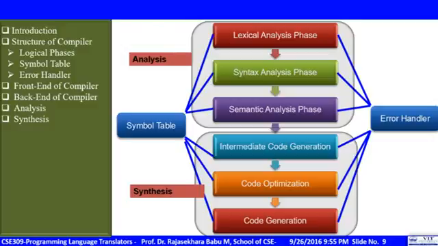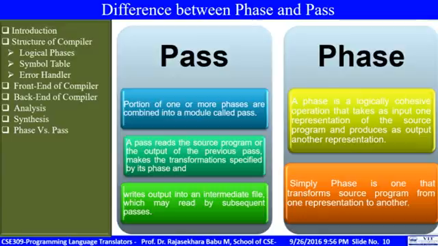Now we are going to discuss pass and phase. As I already defined, logically cohesive operations combined together we call a phase, and a combination of such phases we call a pass. For example, I have a program of 1 MB, but I have a memory of only 500 KB.